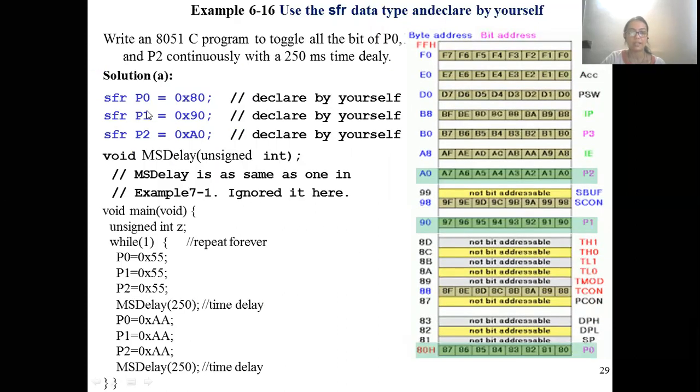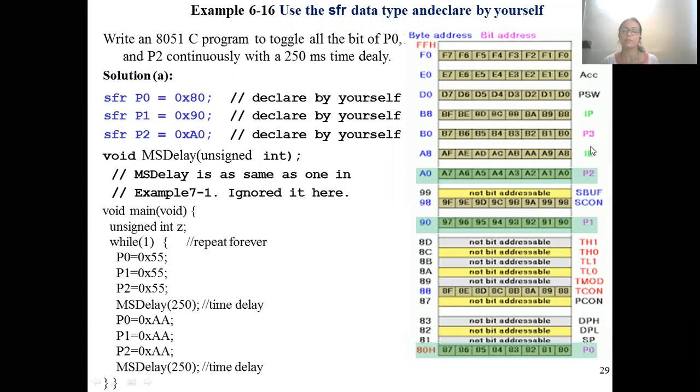The SFR addresses you will define are 80, 90 and A0, for port 0, port 1 and port 2. You can see in this block, 80 is defined as port 0, 90 is defined as port 1, A0 is defined as port 2 and B0 is defined as port 3.